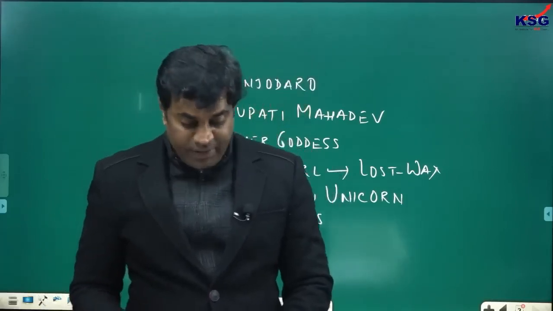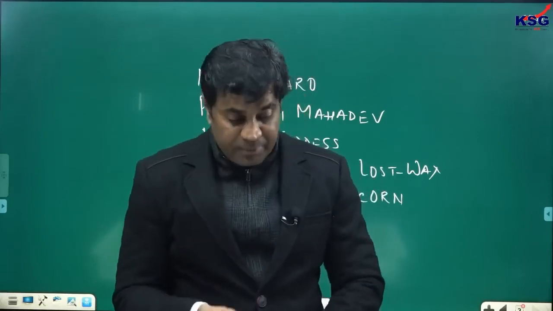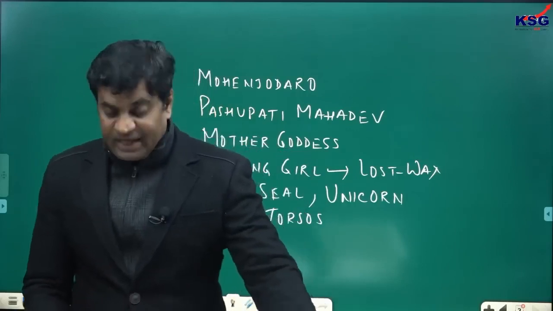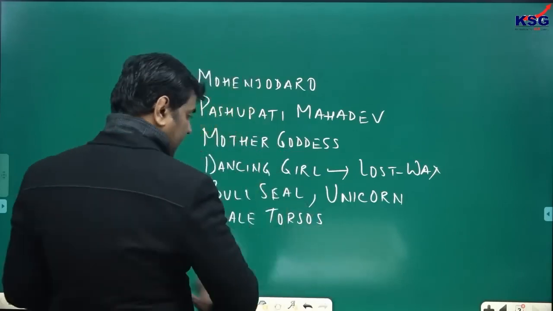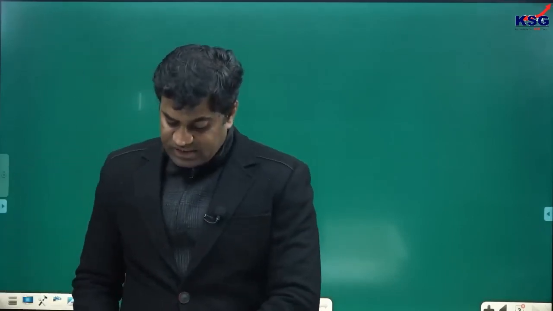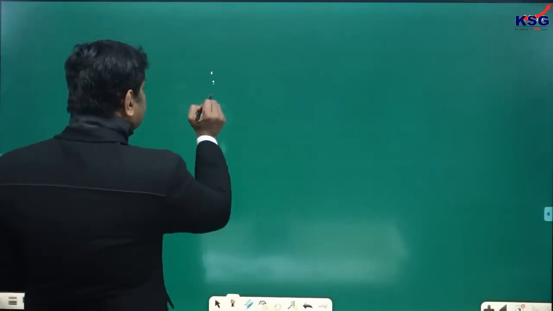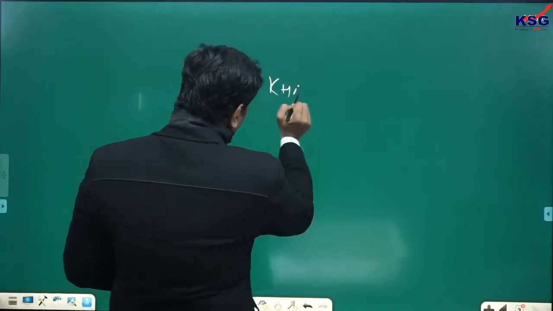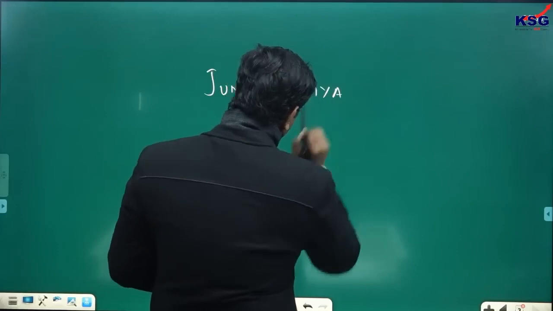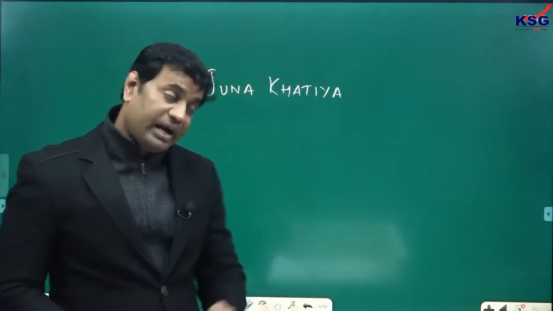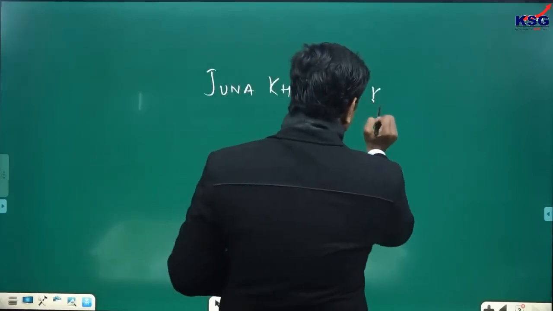Now coming to Indus Valley civilization, another important development in recent time. Recently there has been excavation in Juna Khatia village. The Archaeological Survey of India has conducted archaeological research in Juna Khatia village, again located in Kutch district of Gujarat.